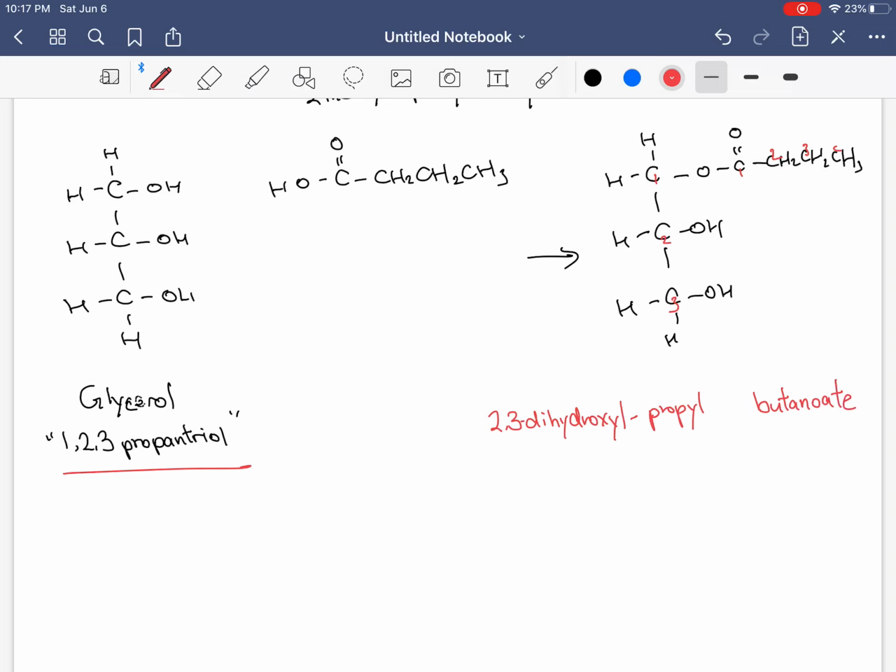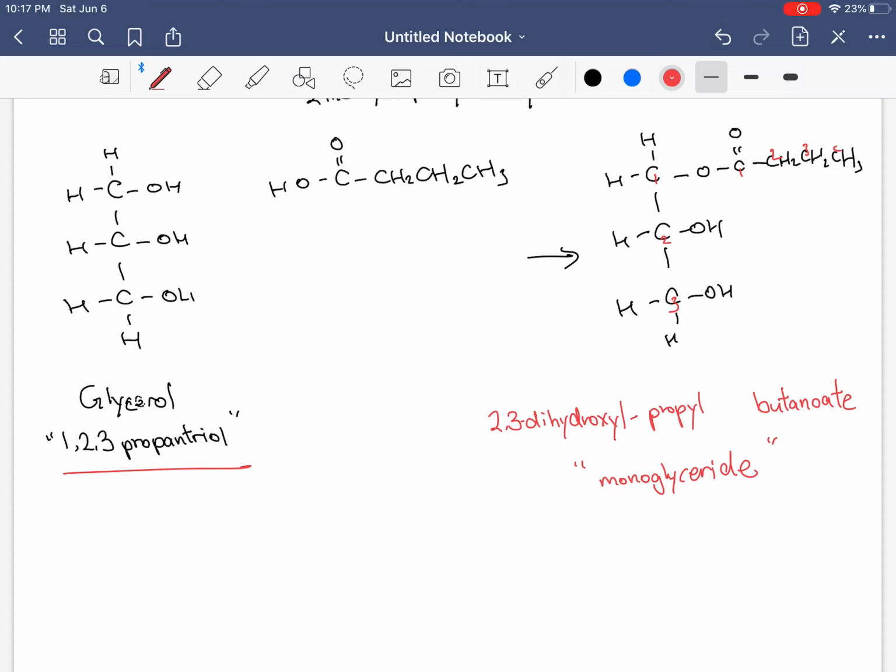Now in biology they have a very special name for this. It's called monoglyceride. Hey, monoglyceride. Can I have diglyceride and triglyceride? Definitely.